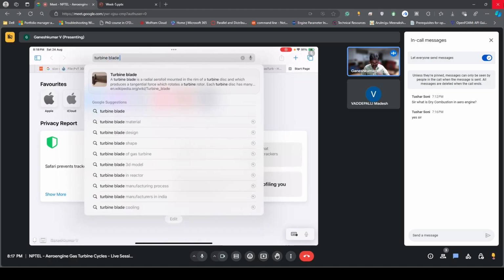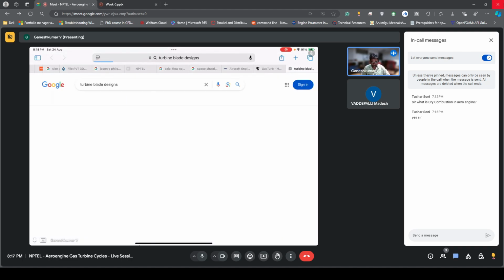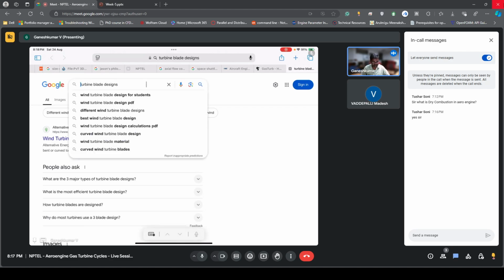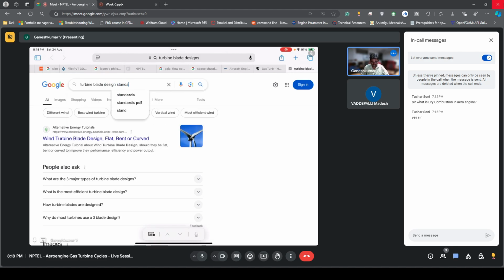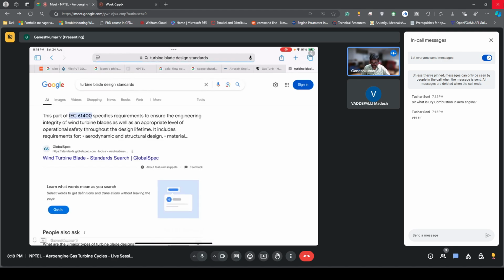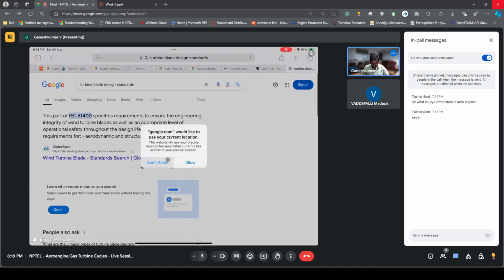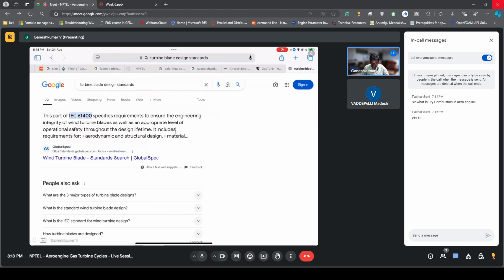Actually, these are very advanced designs, and people don't usually publish them for common people. There might be something, like requirements to ensure engine integrity. Wind turbine blades you will have, but not gas turbine blades.